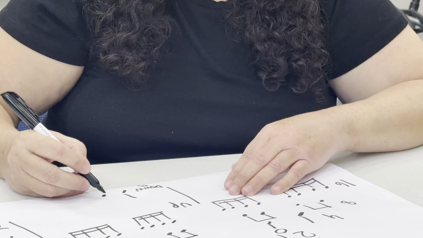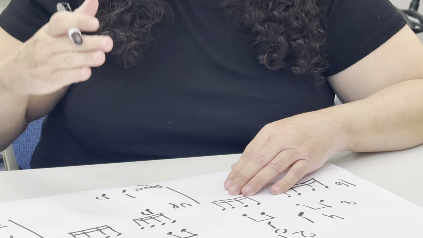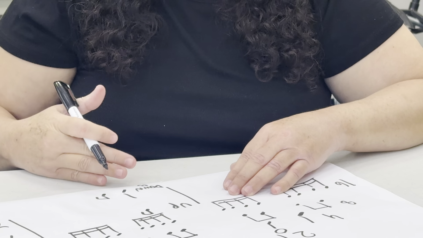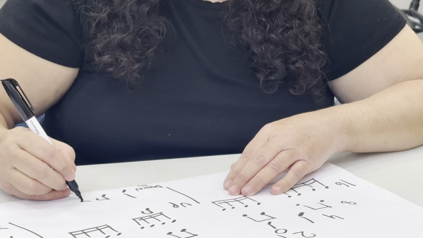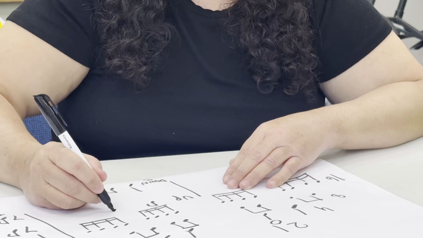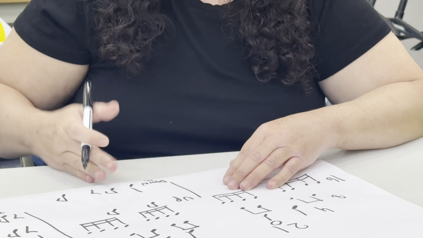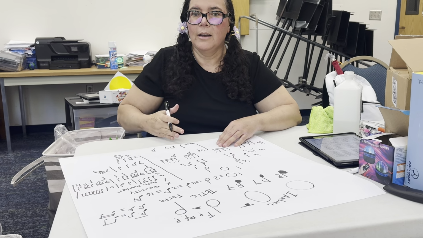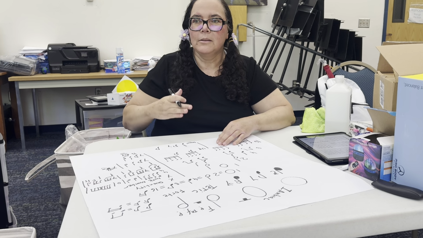An eighth note is one in the bottom and one in the top. So, ta, ta, ta. If I have a rest on the downbeat and a note on the upbeat and another on the downbeat, so ta, ta. Today. Today, ta, ta, ta, ta.